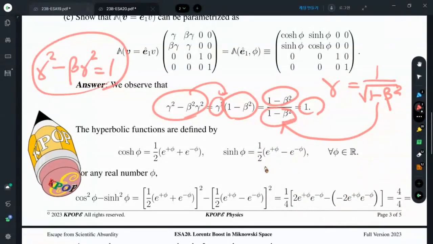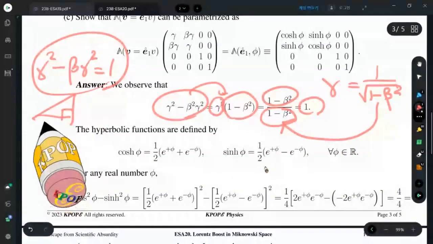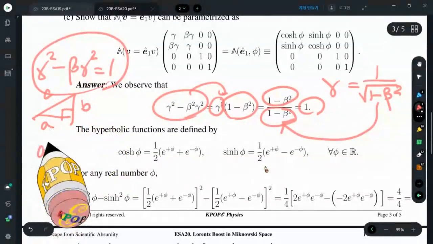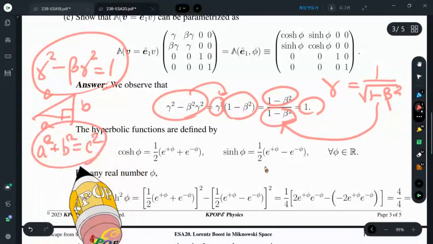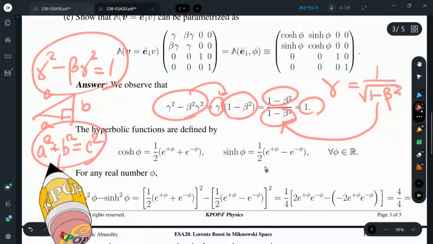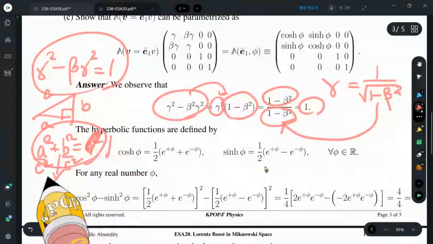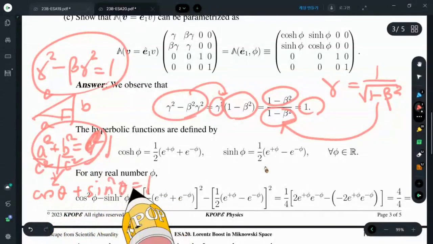If I work on a right triangle with A, B, and C, A squared plus B squared equals C squared. That's fine. So because of that, dividing both sides by C squared, I would obtain cosine squared plus sine squared theta equals 1.